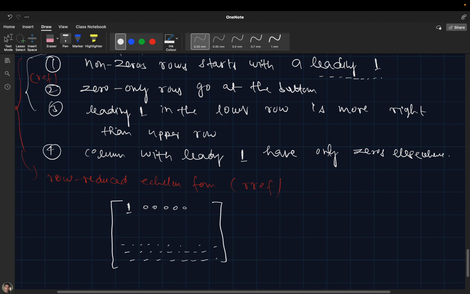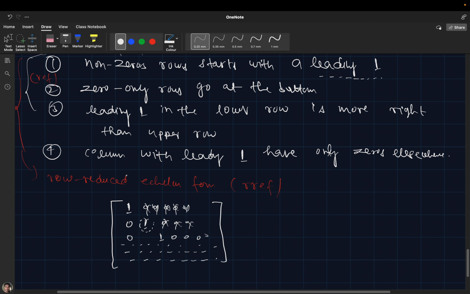The third condition is about the leading one. Whatever row you have like this, this is called the leading one, and you might have more than one such row. It says that the row which has the leading one below should be on the right side like this. I'm putting non-zero here; it can be anything.